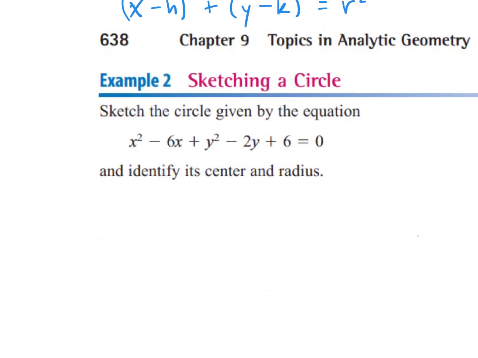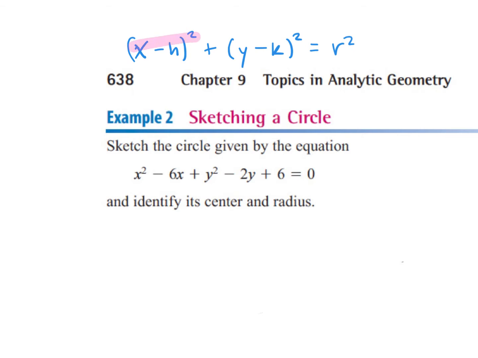So what we need to do is complete the square. We need to complete the square for x and for y in order to get it to be this binomial squared. So to complete the square, we group our x's together, and we're going to have to complete the square for our y's too.